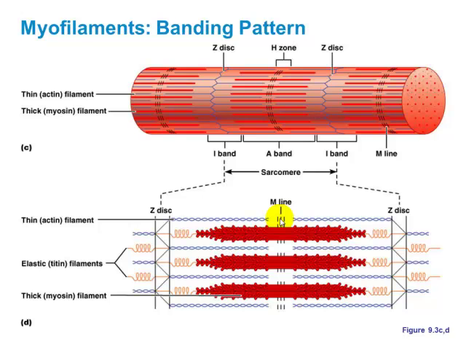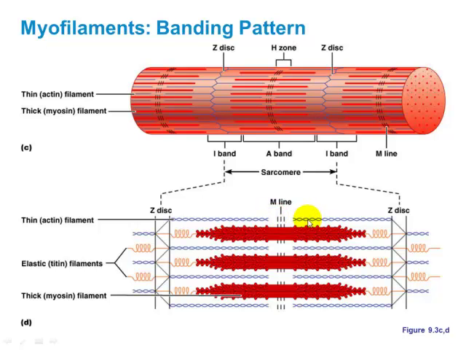So in a simple sense, the way contraction occurs, we're going to look at something called the sliding filament model of contraction, but I'm going to kind of give you a sneak peek. The overall contraction in muscle is going to be due to an interaction between this thick filament and this thin filament. The thick filament is going to hook on to the thin filament, and it's going to pull it towards the middle.